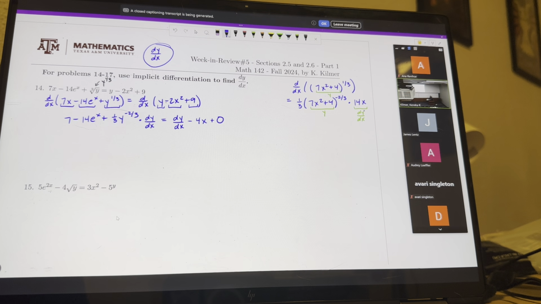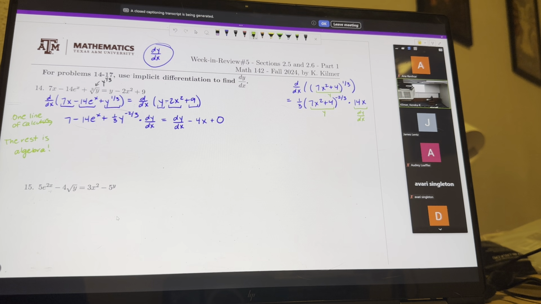Okay, so with implicit differentiation, there is one line of calculus, and then the rest of it is just algebra. So this is our one line of calculus. The rest is algebra.